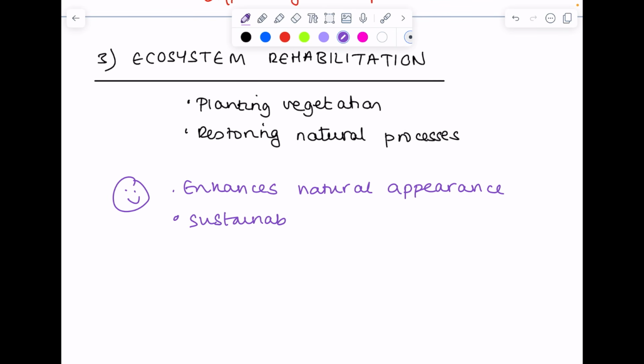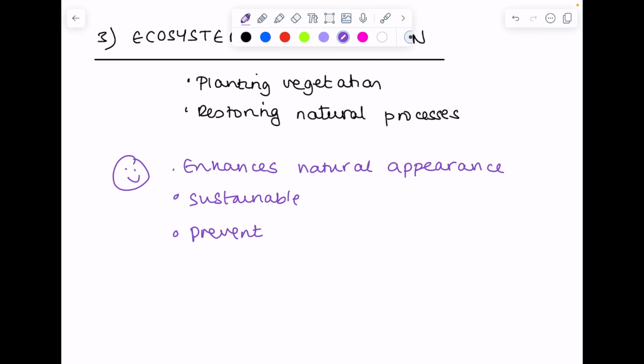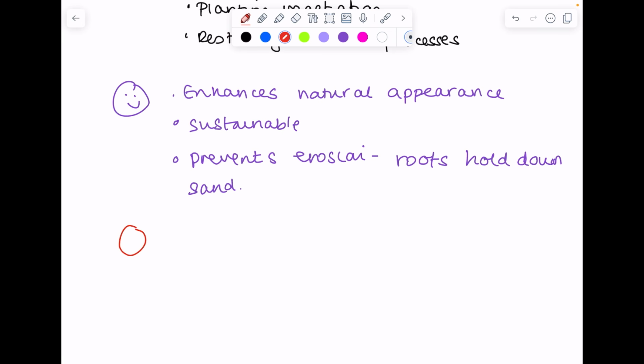It's highly sustainable and it will prevent erosion because remember, those plant roots will help hold down the sand. It does require maintenance, and again, it's not going to be the most amazingly effective way of stopping erosion.